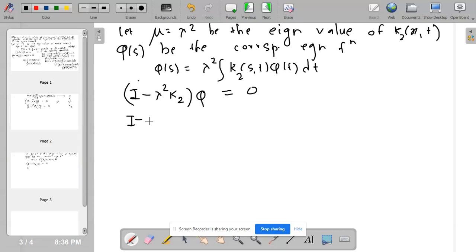Or equivalently we can write this as, because we have already seen, I plus lambda times k2, I minus lambda times k2 of phi equal to 0.